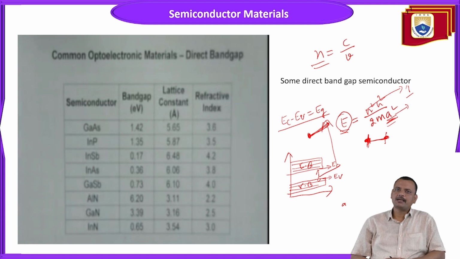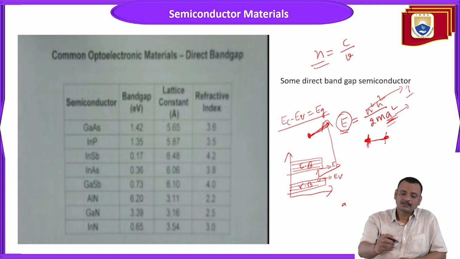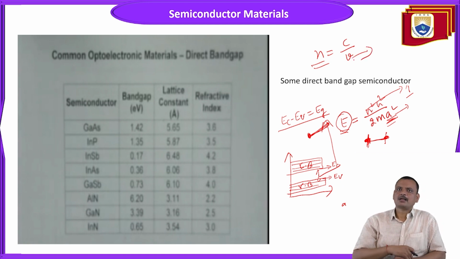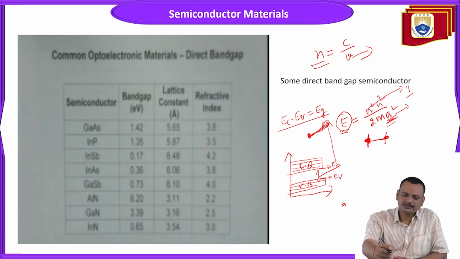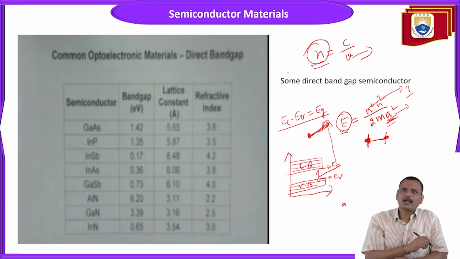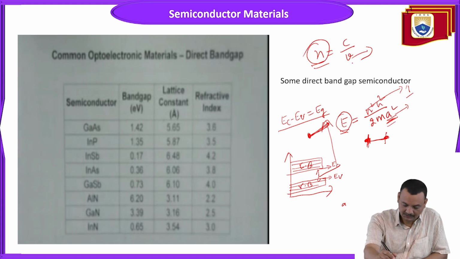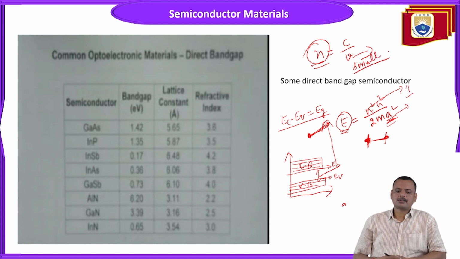The velocity of light in that particular material is large. Getting my point? If v is large, you will get a smaller n. If v is small, you will get a higher value of refractive index.